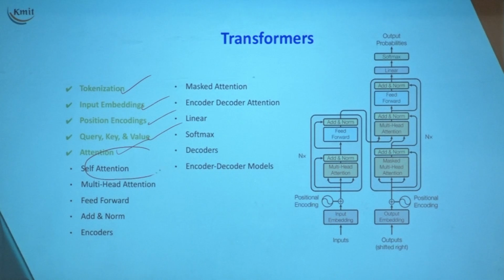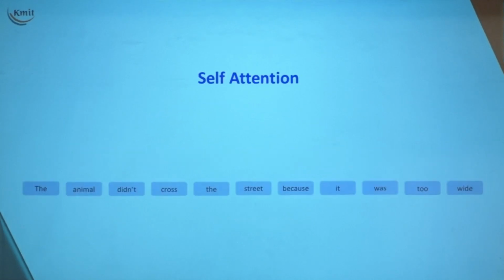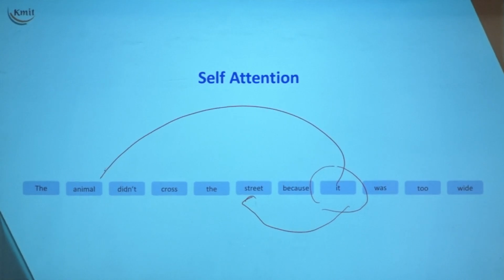Now what do you mean by self-attention? Comparing one word with itself and understanding the dependency or context of each word. Now read the sentence: the animal didn't cross the street because it was too wide. Now what does this "it" represent here? Is it representing the street or the animal?